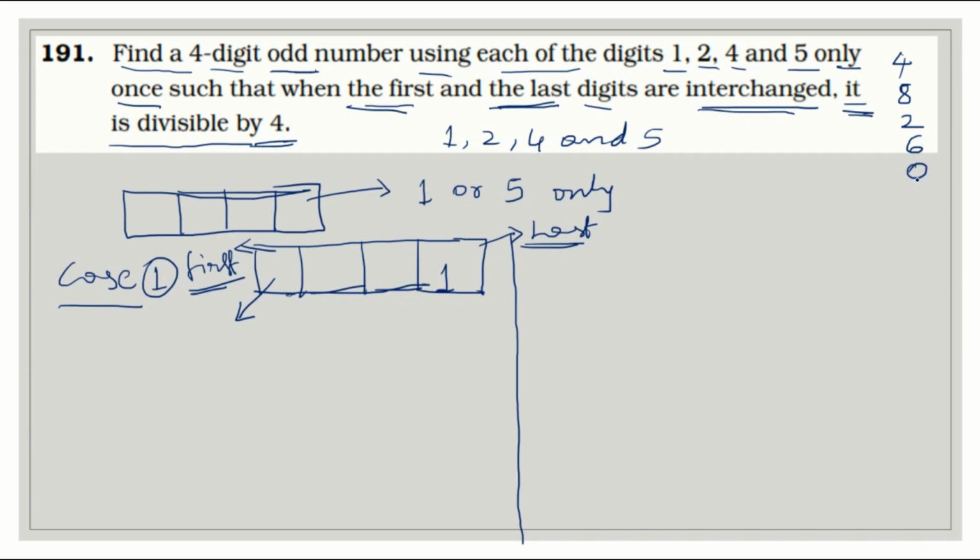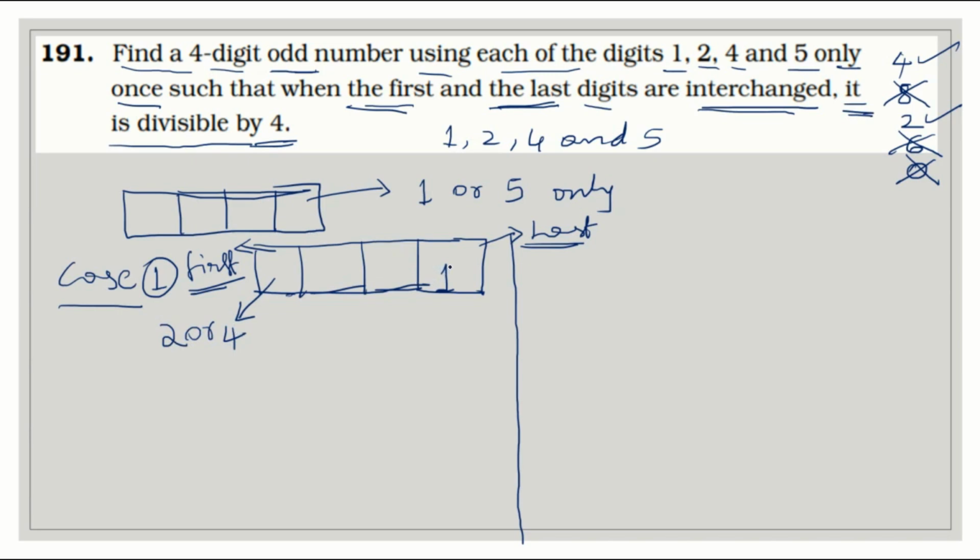So these are the possible ending digits. Here we don't have 8 given, we cannot have 6, and we don't have 0 given. So we are given only 2 and 4, that means here the thousands place can be only 2 or 4.